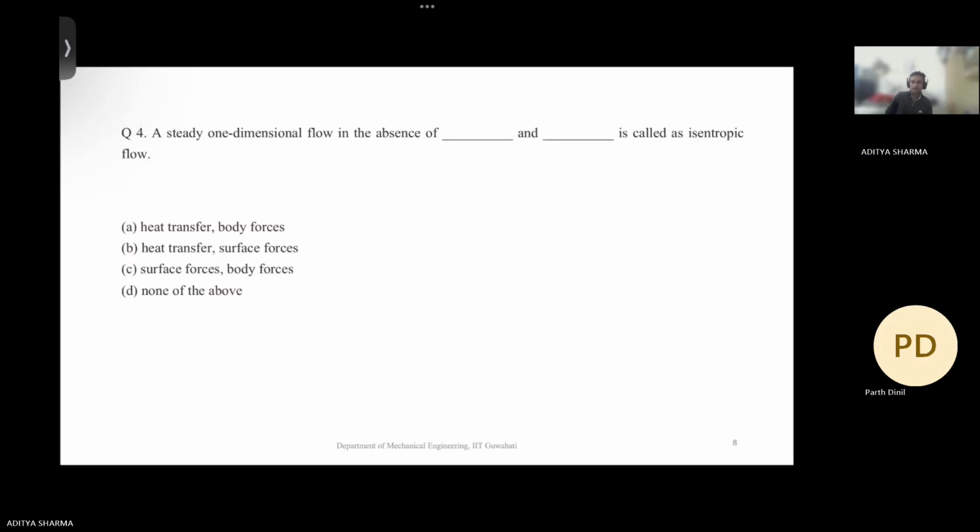Any answer? The answer to this question is option A: heat transfer and body forces.